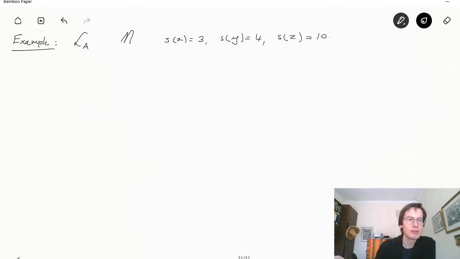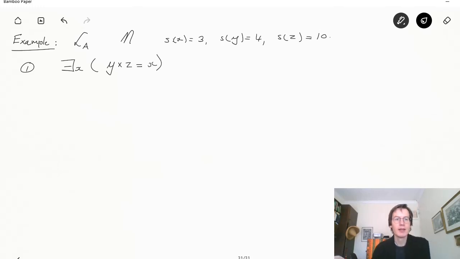Let's firstly look at something like: there exists an x such that y times z is equal to x.